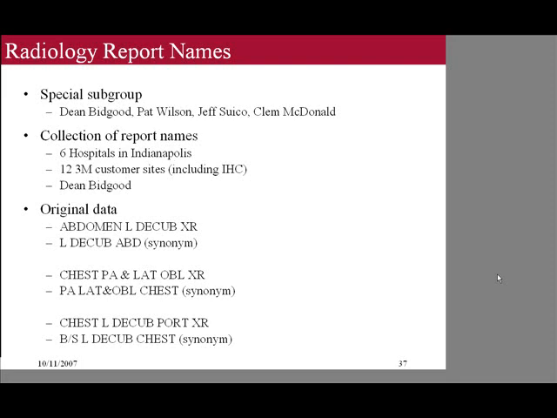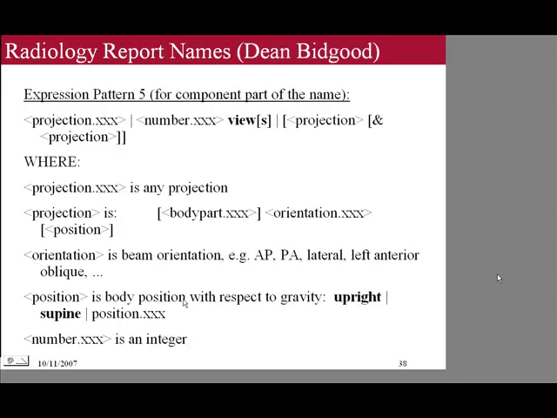But the codes came in originally with a big variety of how things came in. So it could say abdomen, L cube X-ray, or LD cube abdomen, which is really kind of a synonym. Say chest PA and lateral, oblique X-ray, or it could say PA lateral and oblique chest. So you had a lot of variety. And Dean went as far as making almost a pseudo-BNF representation for how the different parts could be combined to make the radiology names.